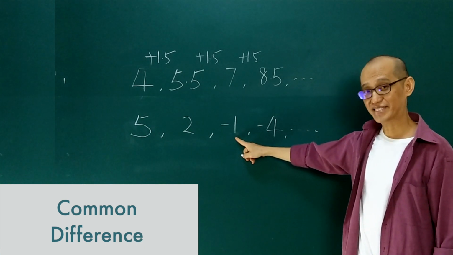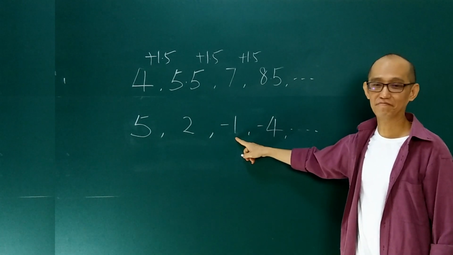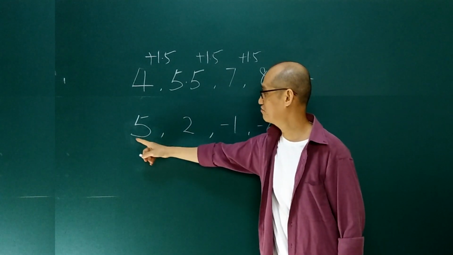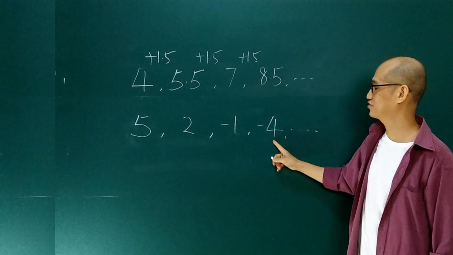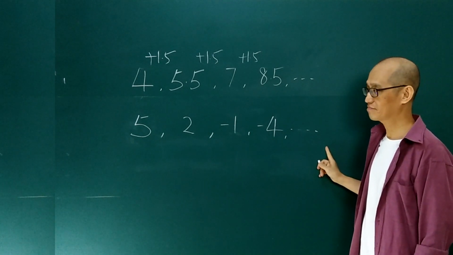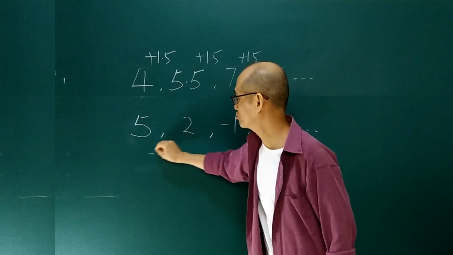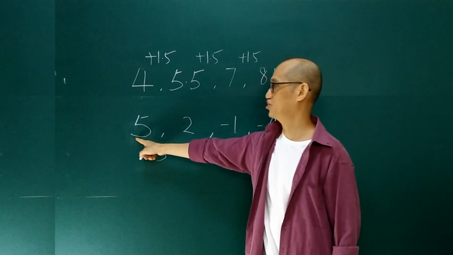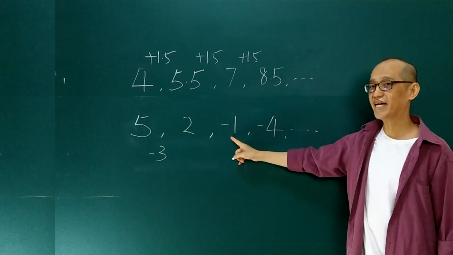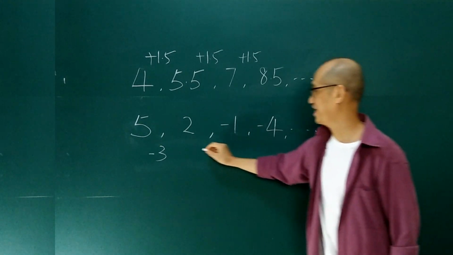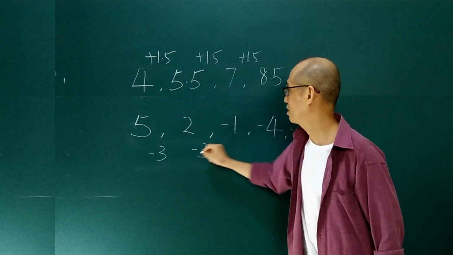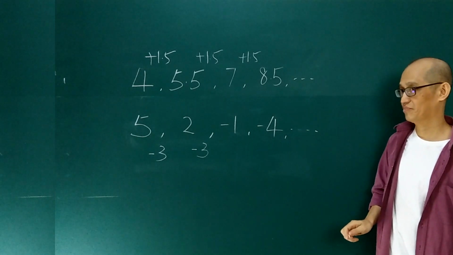This one is another example of arithmetic progression. Again, this is first term, second term, third term, fourth term, and so on. Now, how do we get the second term? We subtract 3 from the first term. How do we get the third term? Again, we subtract 3 from the second term.